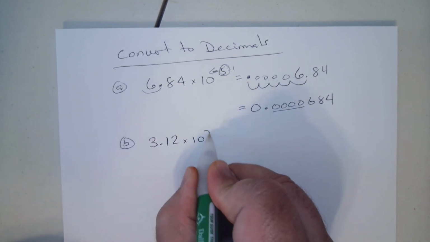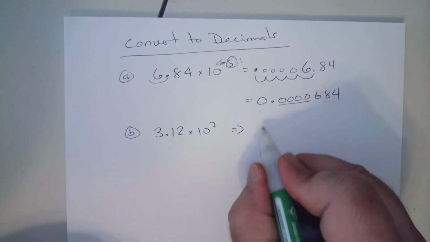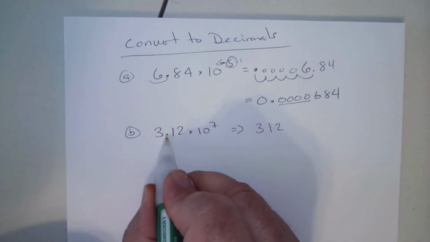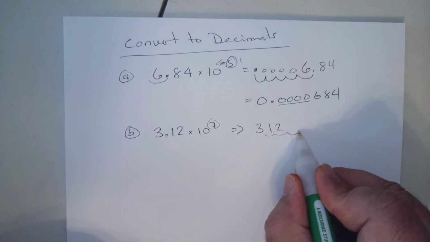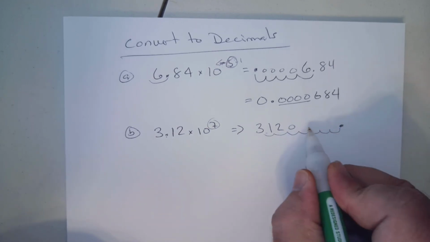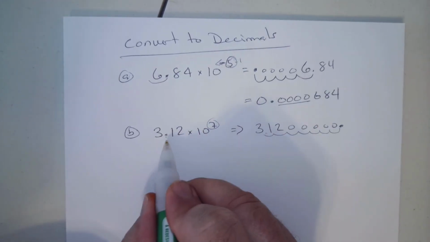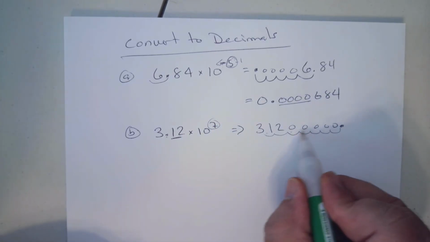3.12 times 10 to the 7th. Again, I start off with point, so I move it 7 spaces. 1, 2, 3, 4, 5, 6, 7. Since I used 2 spaces there, 7 minus 2, there'll be 5 zeros.